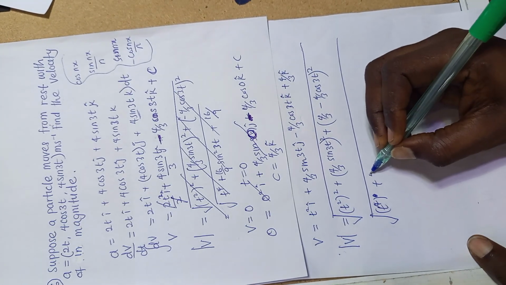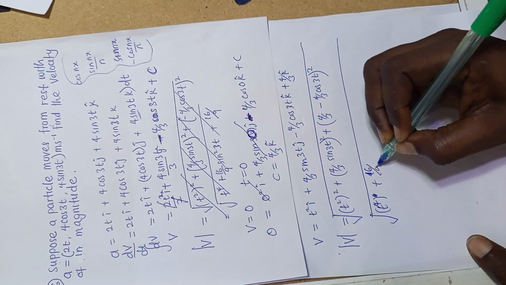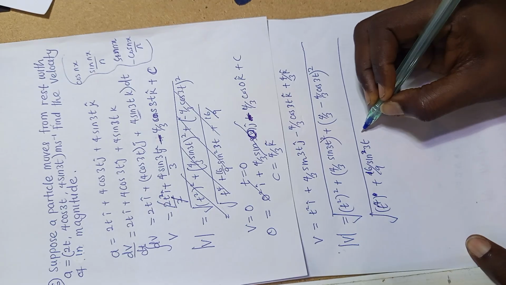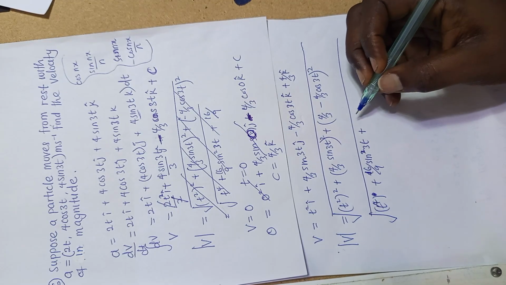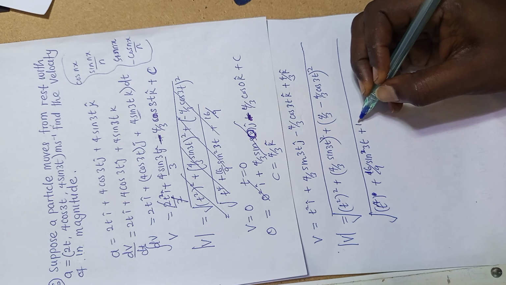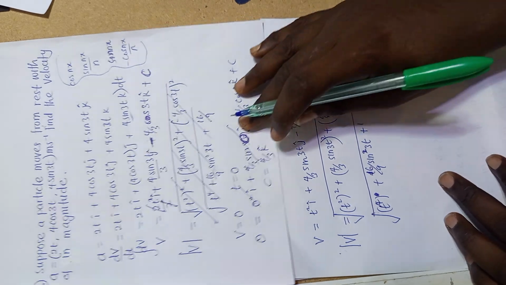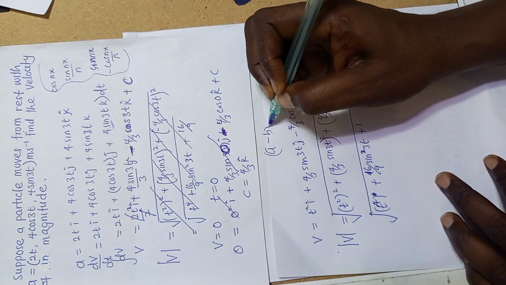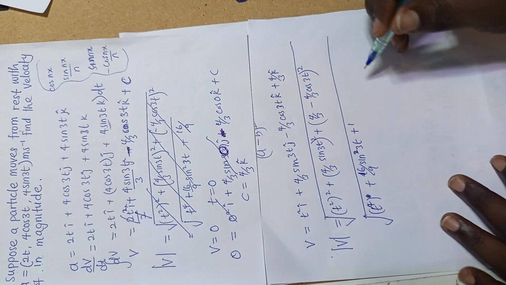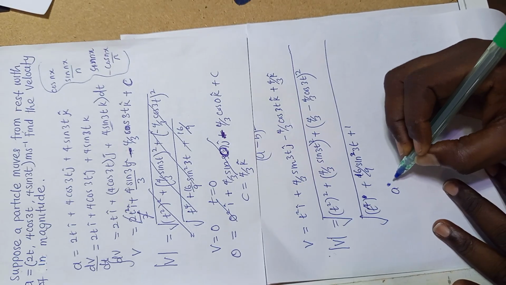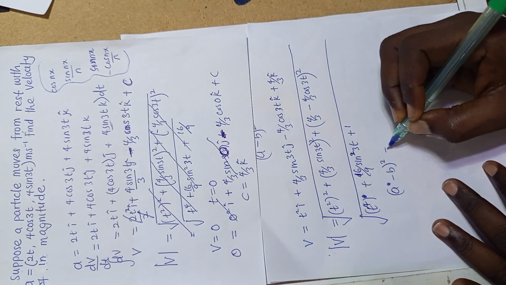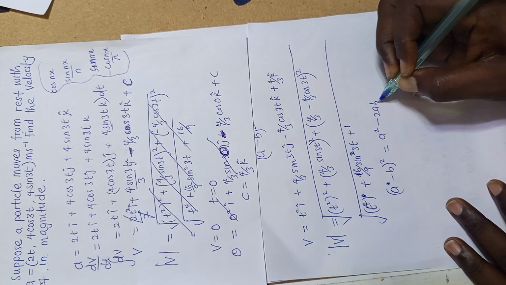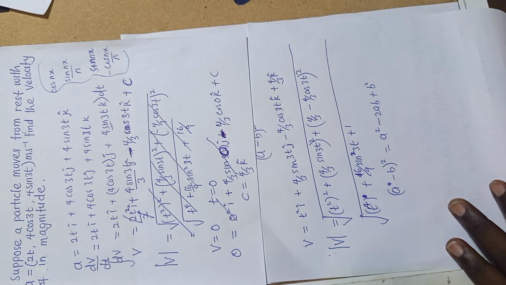Plus 16 over 9 sine square 3t plus, then square this one. What I want to use now is this method: a minus b all square should be a square minus 2ab plus b square. That's what I want to use.